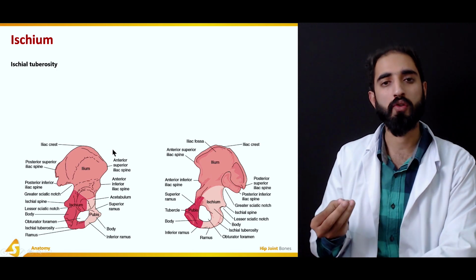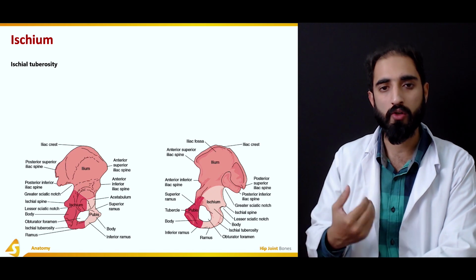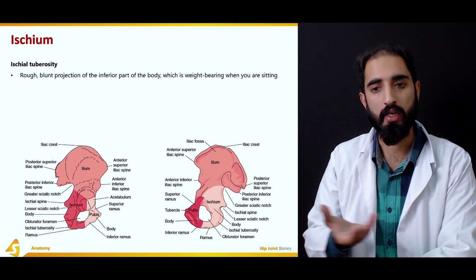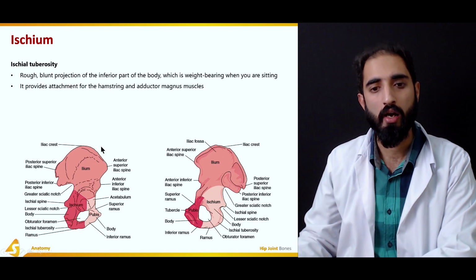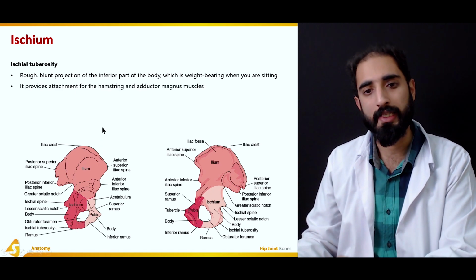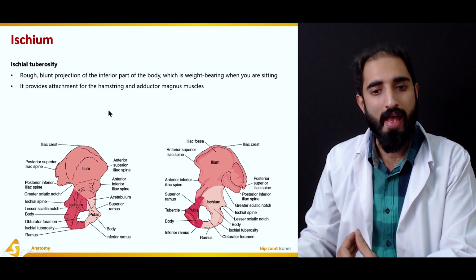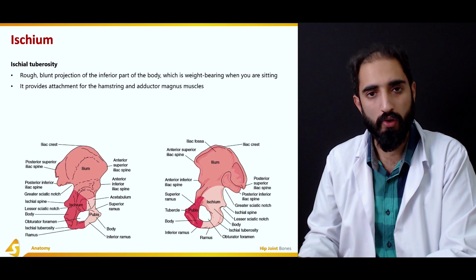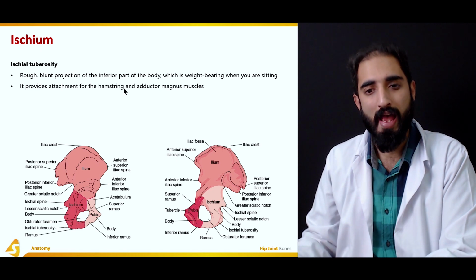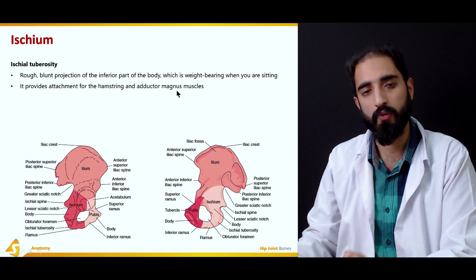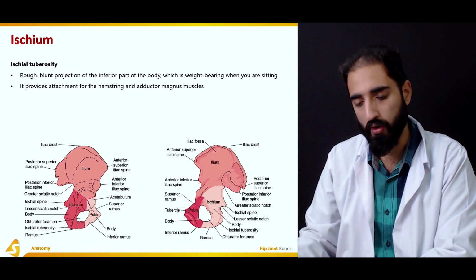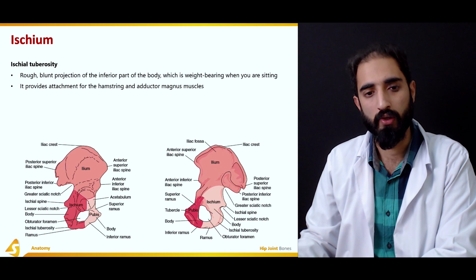The significance of which I already told you is that we sit on our ischial tuberosity, so it is the weight-bearing bone in our sitting position. Moreover, it also provides an attachment site for the hamstring muscles, including the semitendinosus, semimembranosus, biceps femoris, as well as the adductor magnus muscle, which is also considered a part of the hamstring because it also acts as a knee flexor.